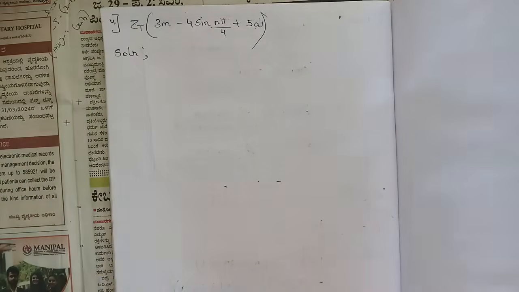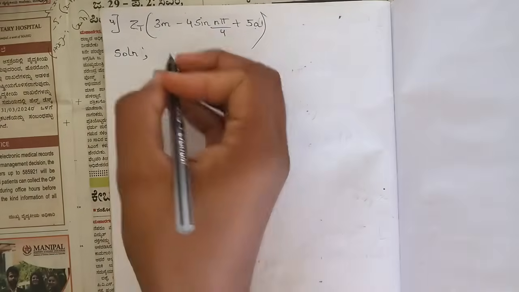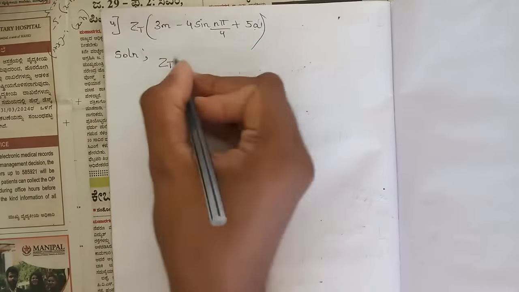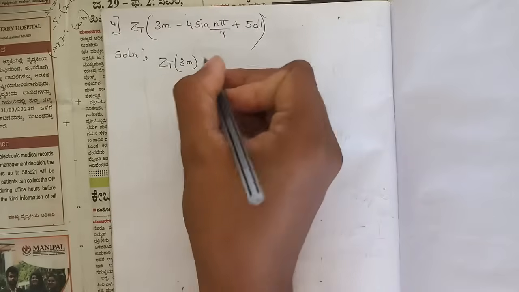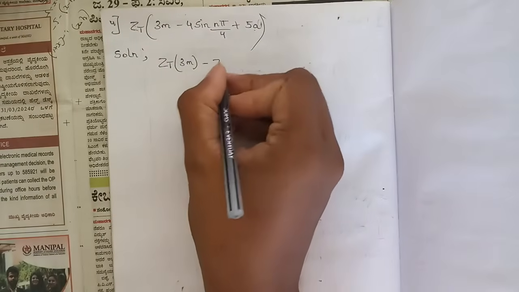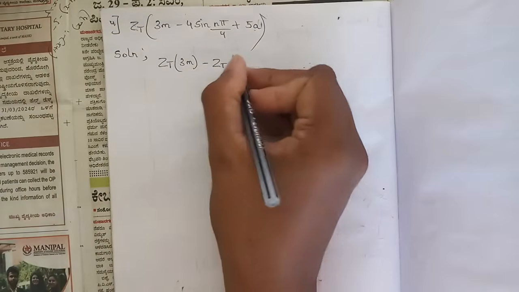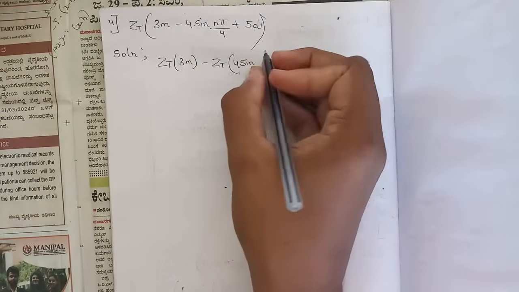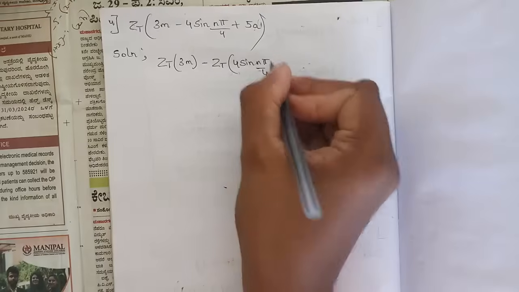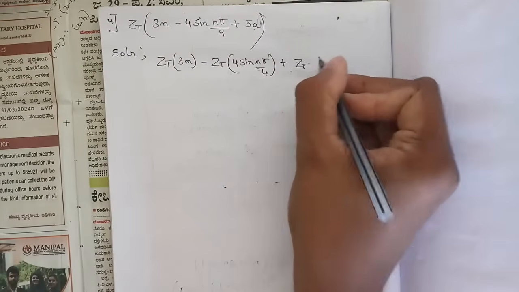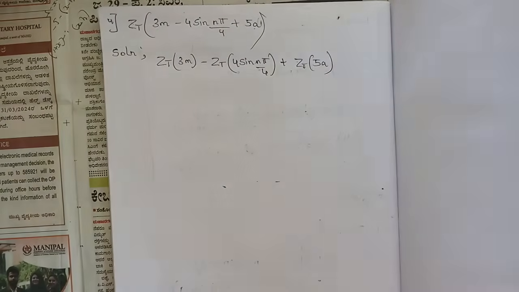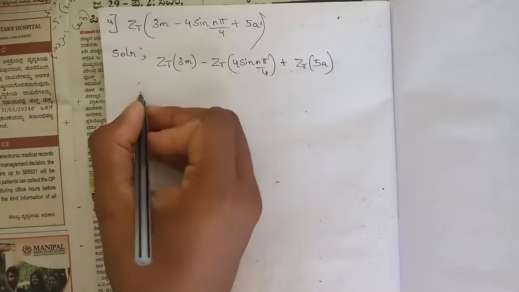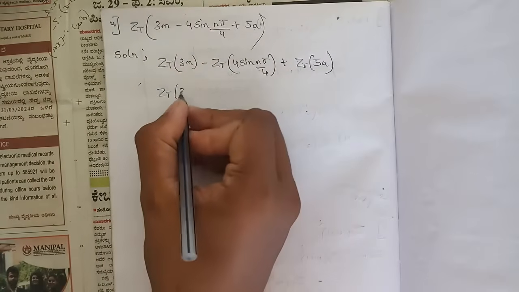So now let's apply the linearity rule for this one again, that is Z transform of 3n minus Z transform of 4 sine n pi by 4 plus Z transform of 5a. So again, now let's simplify this.